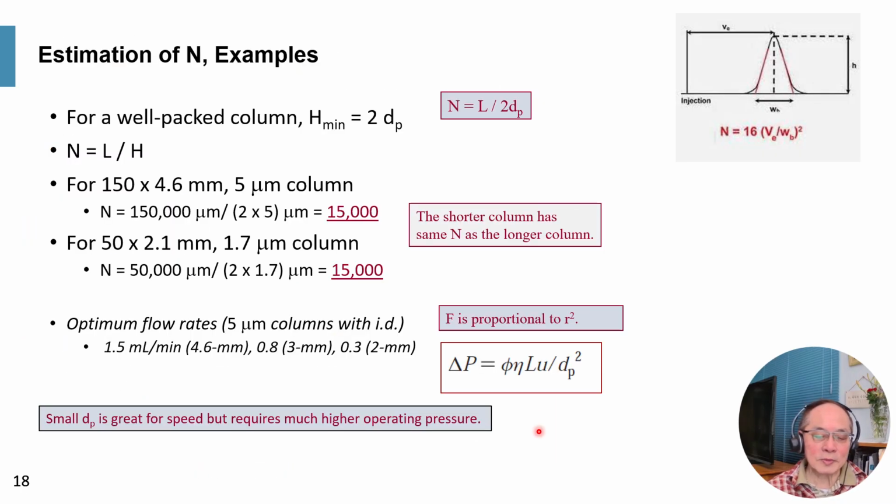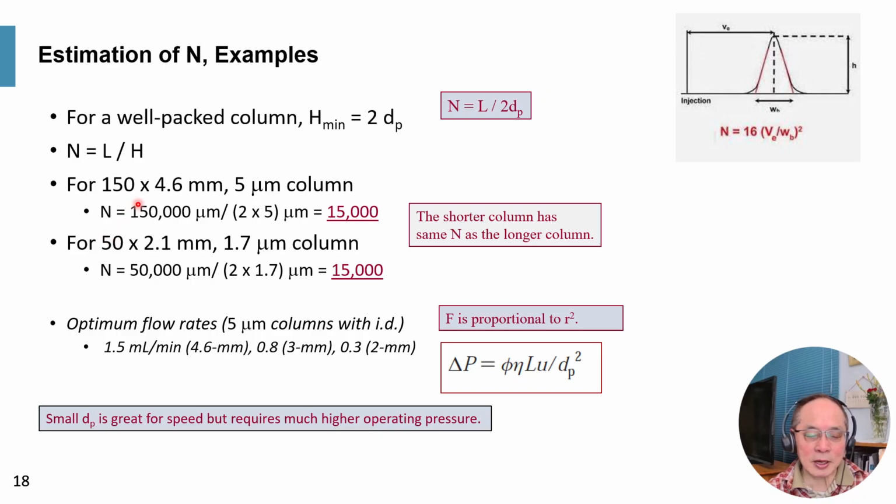There's one way to estimate the number of plates in the column, using the quasi-equation: the number of plates equals L, which is the length, divided by twice the particle size. For a well-packed column, the minimum plate height is roughly equal to 2 times the particle size. Since N is equal to L over H, one can calculate very easily what N is, right?